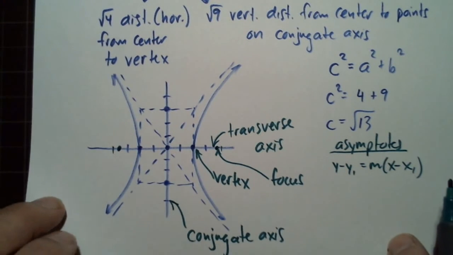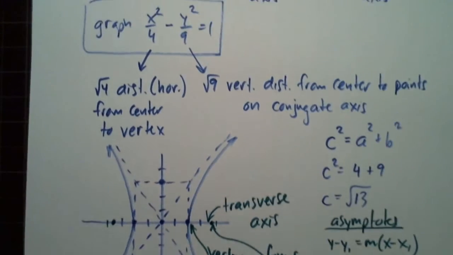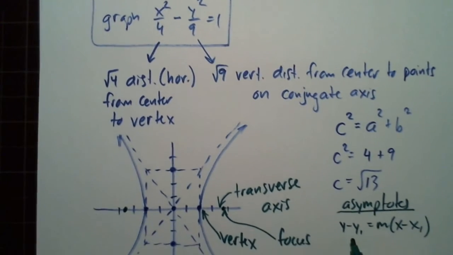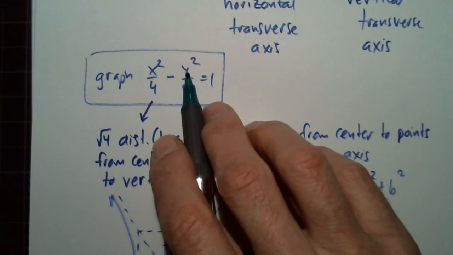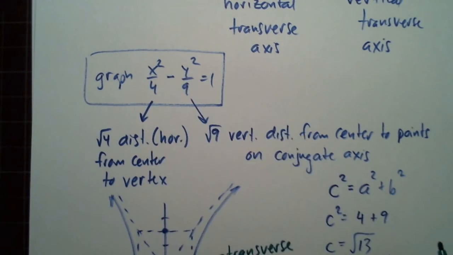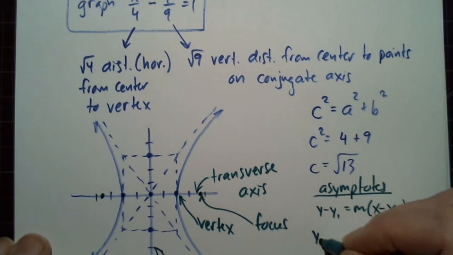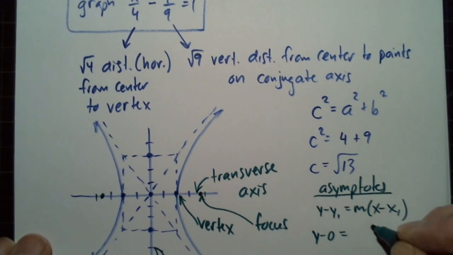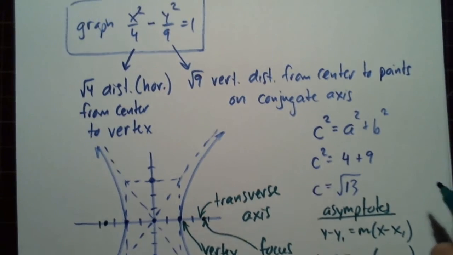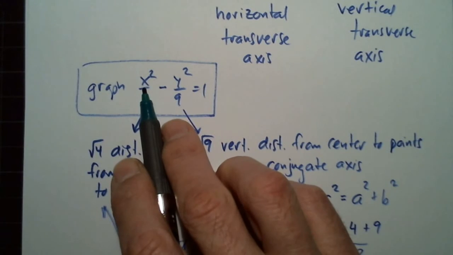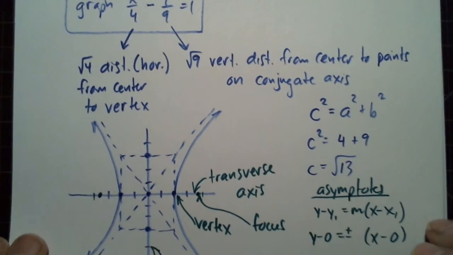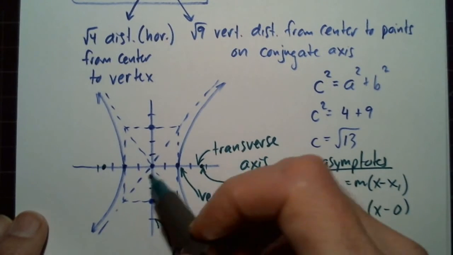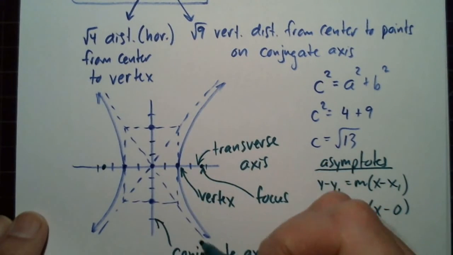So all we do to make this equation is we replace the y minus y1 with whatever we see up here. This is y minus 0. So maybe to put it in this form, I'd write y minus 0. And then we copy the x's from here, x minus 0. And then we'll have a positive or a negative slope, because we do have two asymptotes.